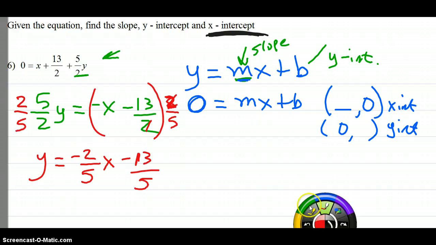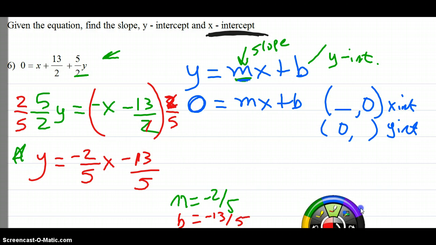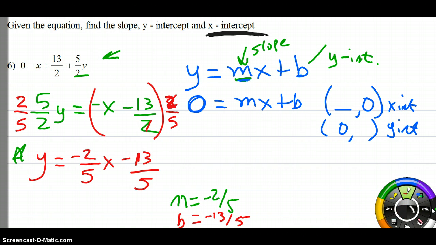So most of the time when we see this equation, we see the slope. The slope is equal to -2/5. We see the y-intercept is equal to 13/5. But what sometimes we have a difficulty with is finding the x-intercept. So if I wanted to find the x-intercept here, I'd plug in y equal to 0.